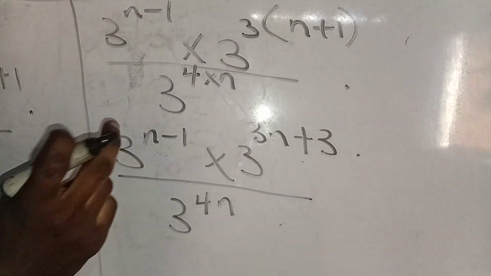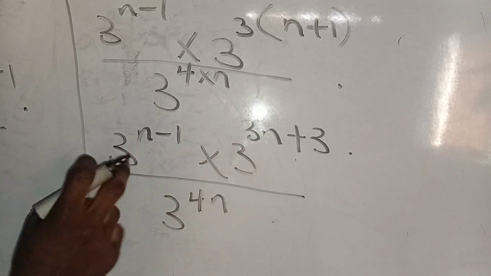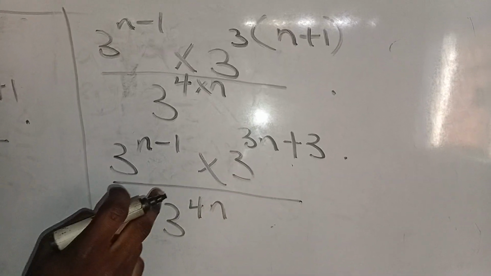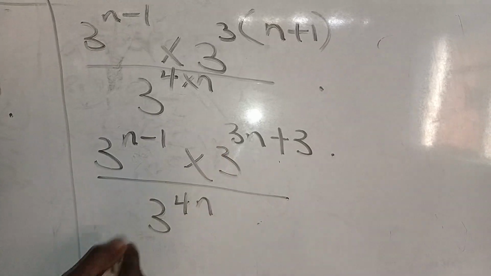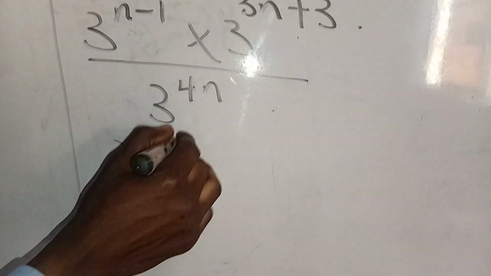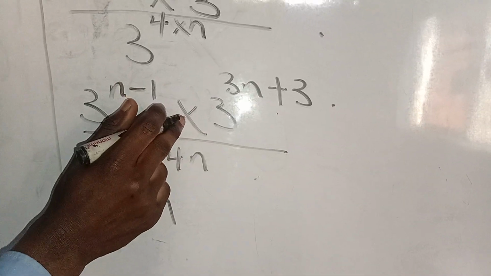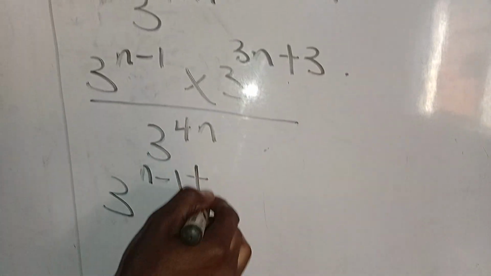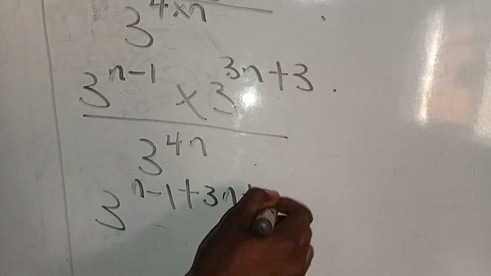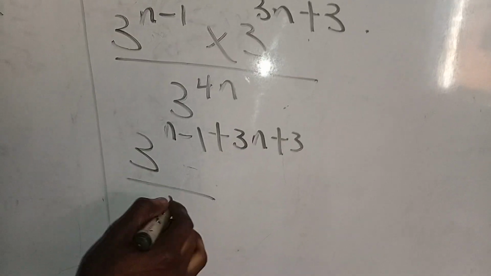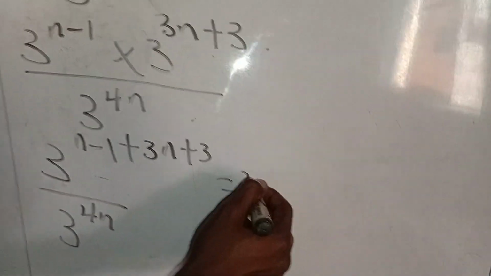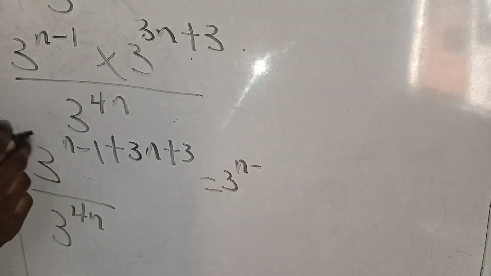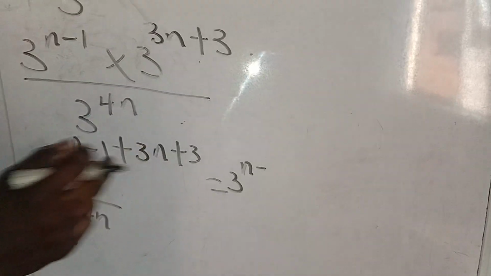So now, by applying the first law of indices that we just did, pick one out of these, 3 raised to power n minus 1, this multiplication will change to addition, plus 3n plus 3, over 3 raised to power 4n. And I'm going to have 3 raised to power, let's collect the like terms first.